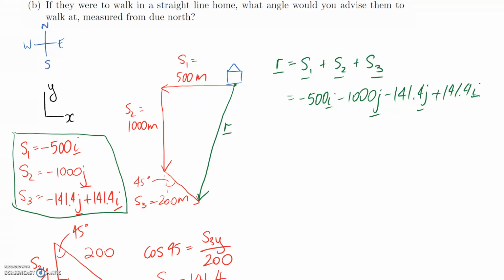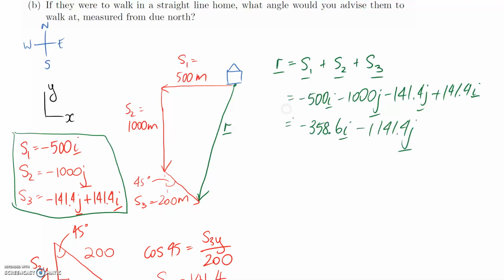Alright, so now we put the I components together, so negative 500 plus 141.4, that leaves us with negative 358.6. And then for the j's, we have negative 1,000 minus 141. And that leaves us with this.